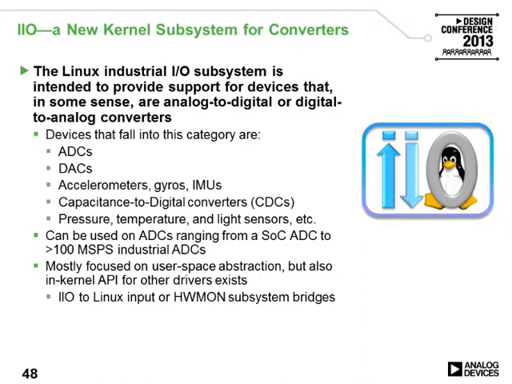IIO can be used on ADCs ranging from SoC ADCs to more than 100 megasample industrial ADCs. The Industrial I/O subsystem mostly focuses on user space abstraction, but an in-kernel API for other drivers also exists, for example, the IIO to Linux input or hardware monitoring subsystem bridge.